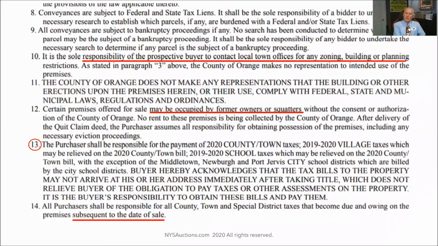Down in paragraph 13, let's talk about any back taxes. That's not really the right phrase. The county and town taxes, village tax, and school tax. Back taxes are typically not really a problem for you as the buyer. You can notice here that we're talking typically current year's taxes.